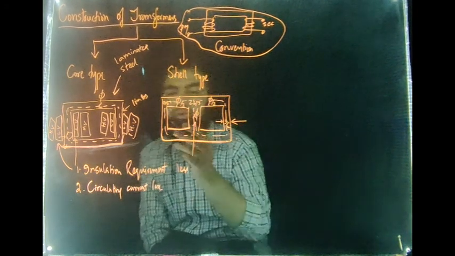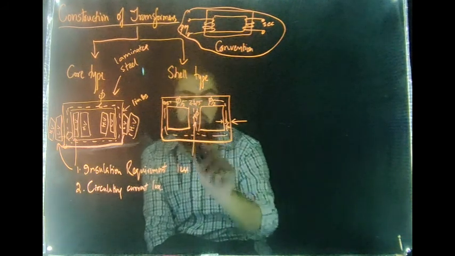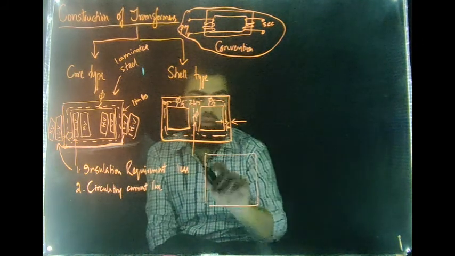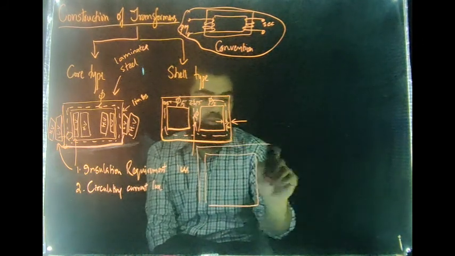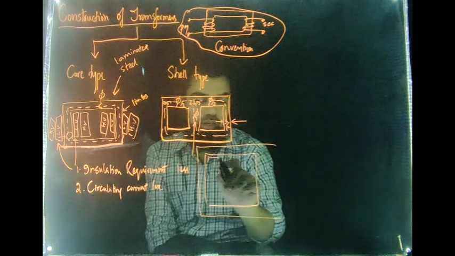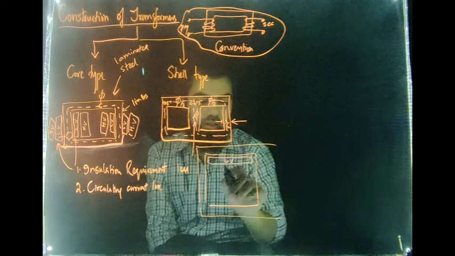And similarly, what we do in case of a shell type transformer, I'll show a zoomed version here. This is your shell type transformer. The LV winding is placed like this.